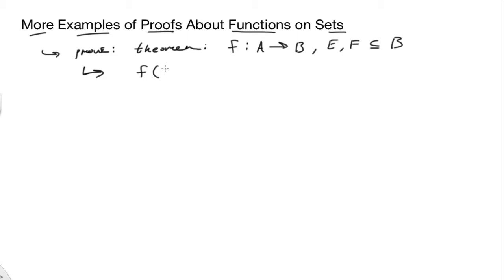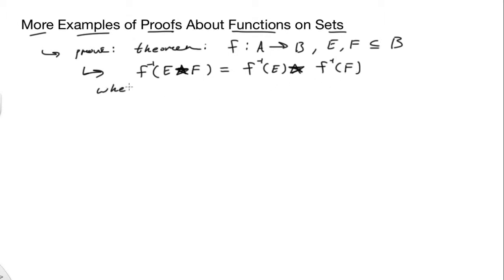And then we prove the following, that the inverse image of some set operation between E and F, and I'm going to put that as a star, is equal to the same set operation on the inverse images.